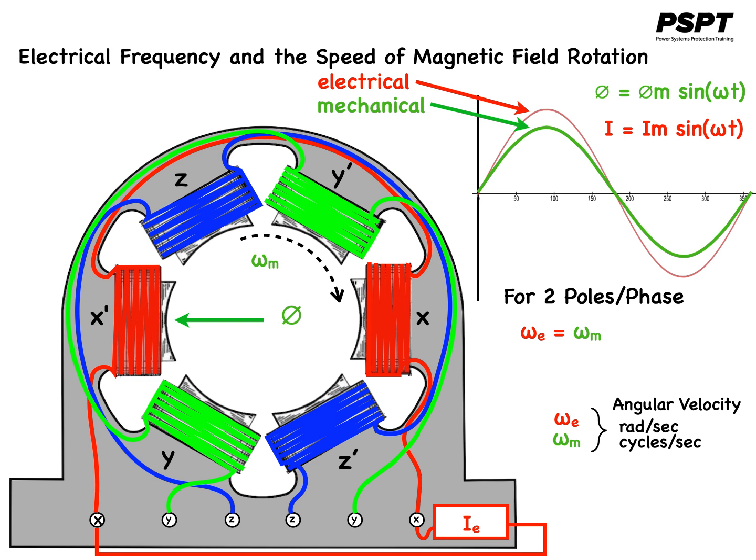However, when we say the electrical angular velocity is equal to the mechanical angular velocity, we are talking about the angular velocity of both being measured in the same designations. We can also say that the electrical frequency is equal to the mechanical frequency, but here again, frequency sometimes is measured in revolutions per second or revolutions per minute. It doesn't matter which you use as long as we're consistent with both being the same.